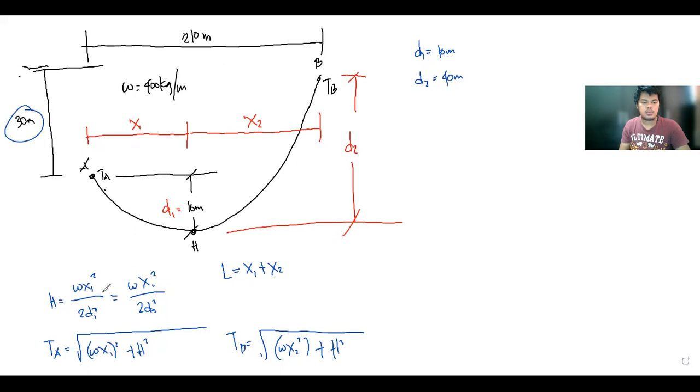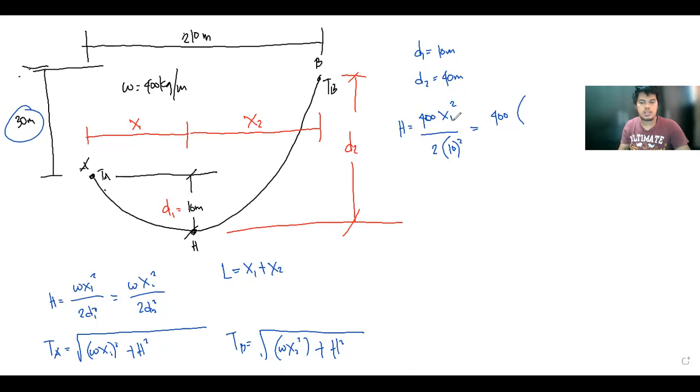So we can then calculate H: that is omega 400 multiplied by x1 square divided by 2 times d1, 10 square. This is equivalent to omega 400 times x2 square divided by 2 times 40 square.